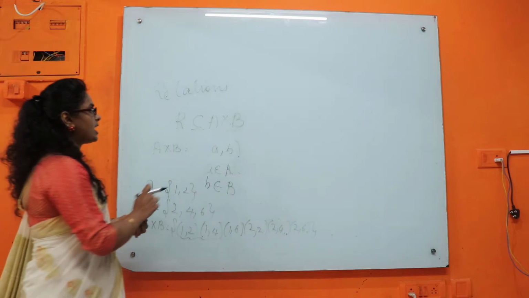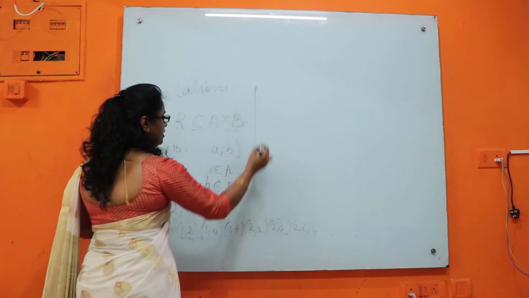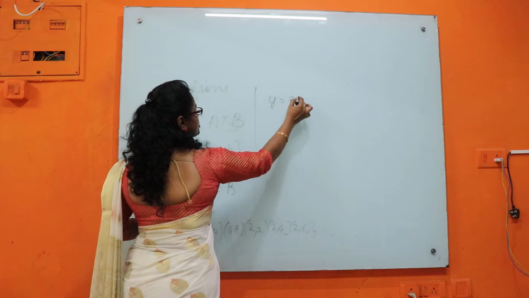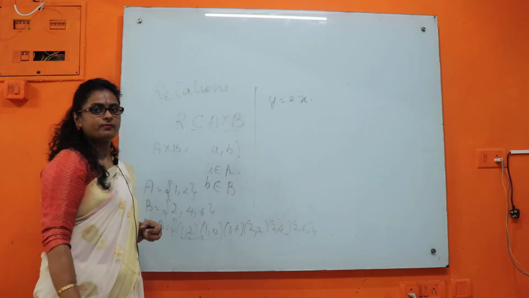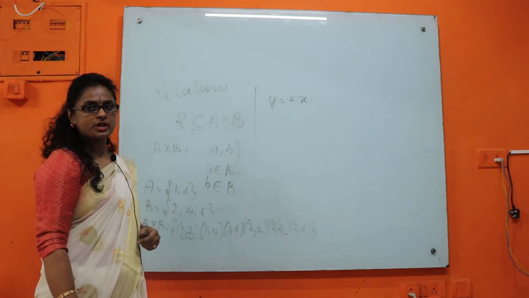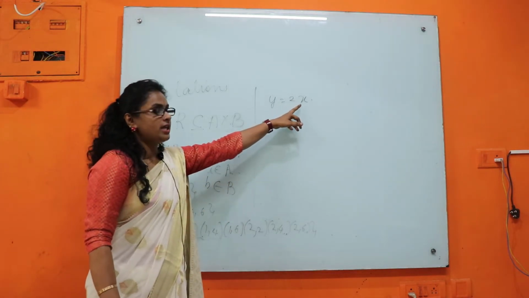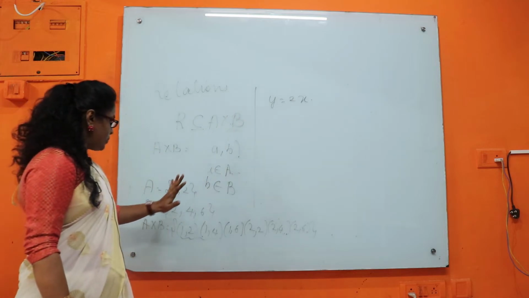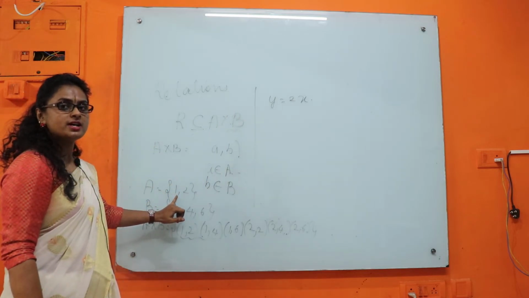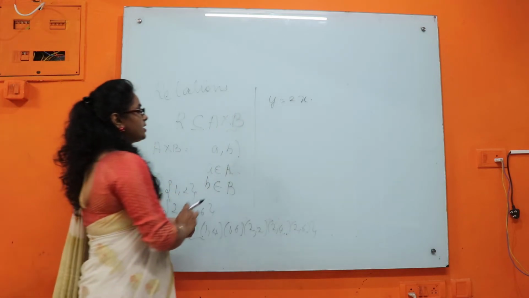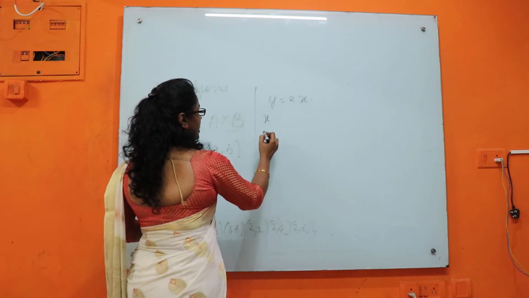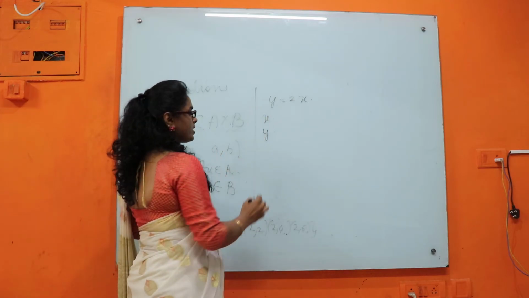So, for example, I'll just take y is equal to 2x. This is an expression which I am taking. Now, the elements for this x will come from the first set. Now, this is your x and this is your y.